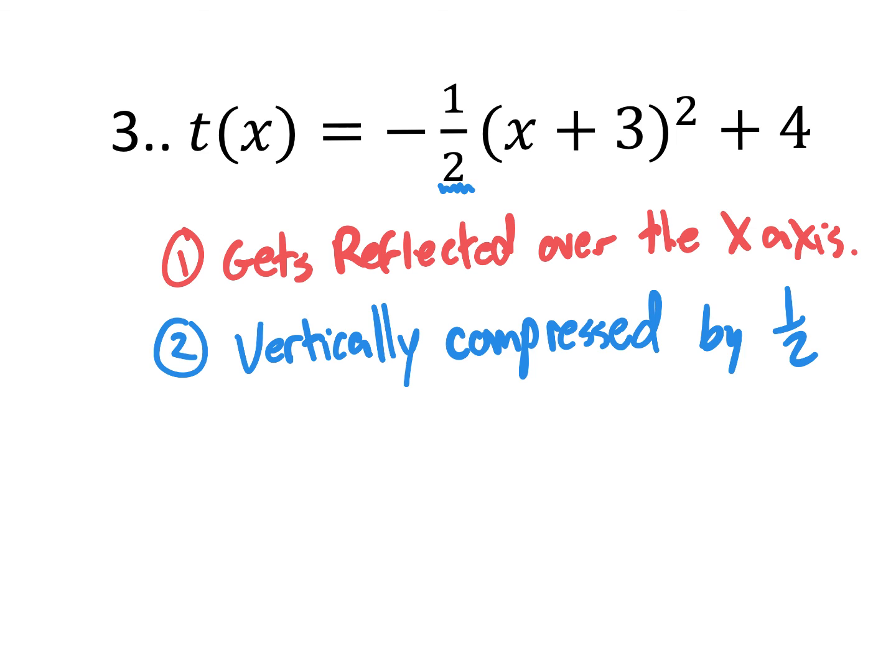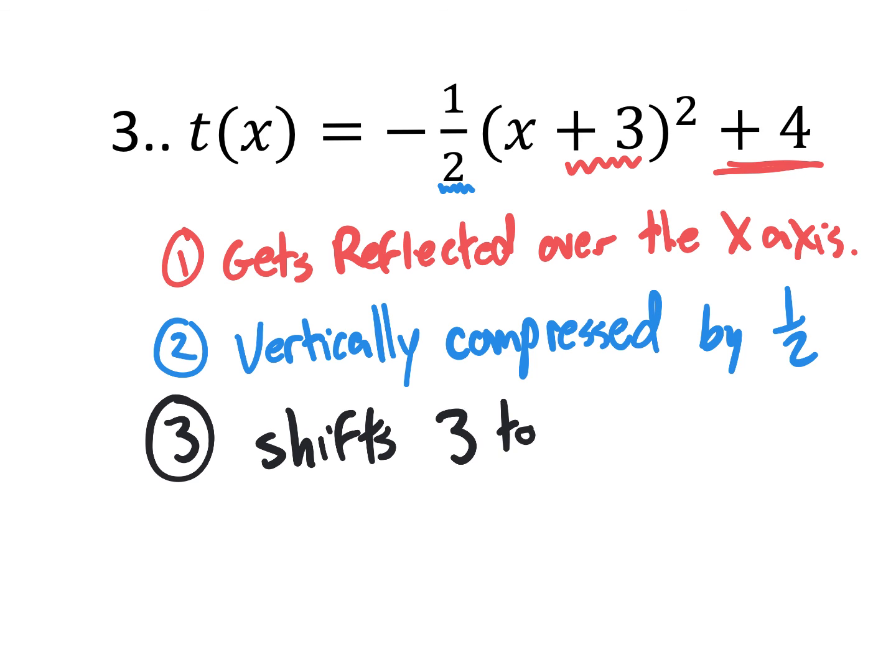Okay? And for the third and final description of the transformations, you got to look at your h and k. Think opposite on this guy. Take this guy for what it is. So what is our third and final transformation? Kimberly says it shifts 3 units to the left and 4 units up. You are absolutely right, Kimberly.